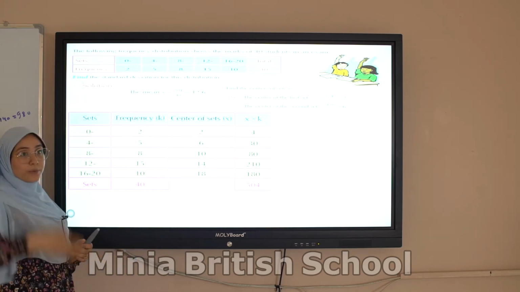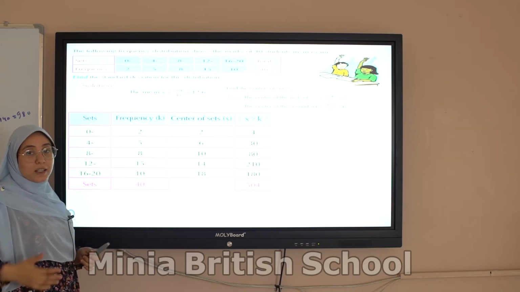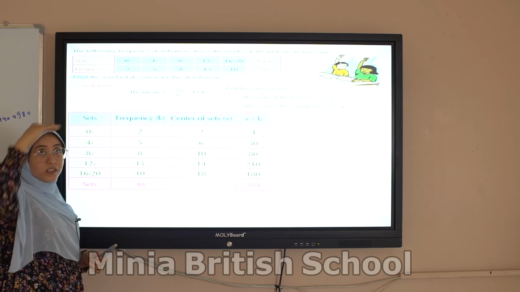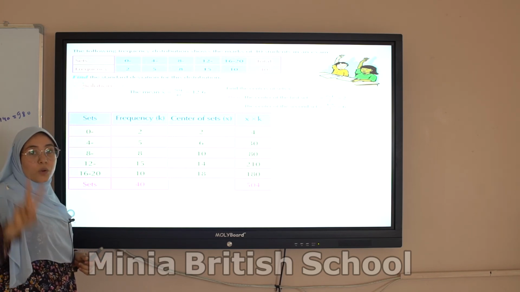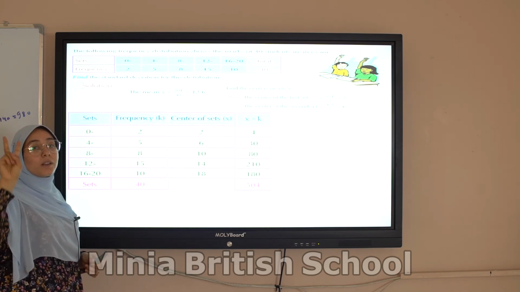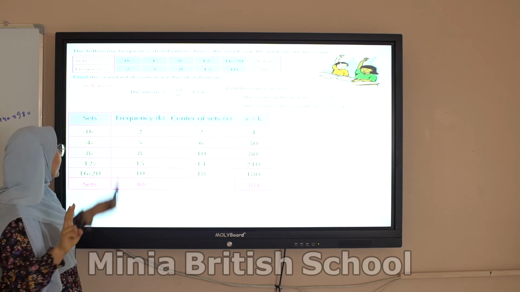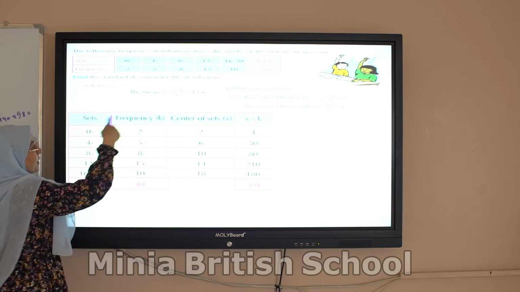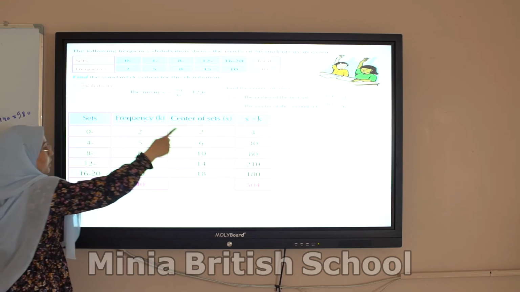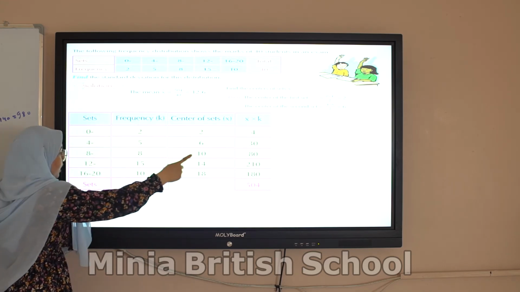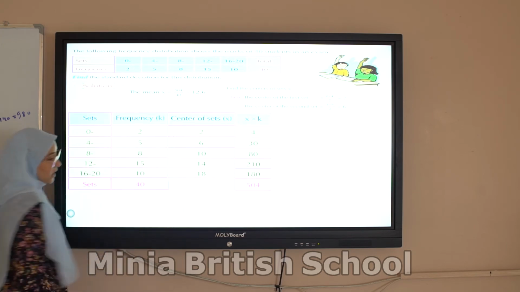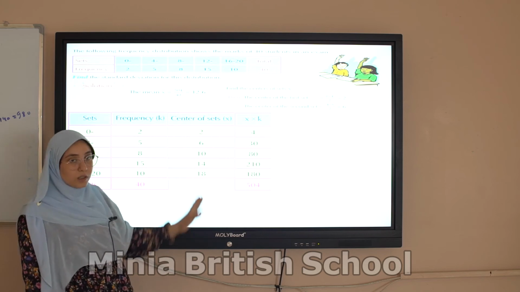Dividing the difference 4 by 2 equals 2. So I will add 2 to each set. So the center of the set: 0 plus 2 equals 2, 4 plus 2 equals 6, 8 plus 2 equals 10, 12 plus 2 equals 14, 16 plus 2 equals 18. So the center of the set equals this column.